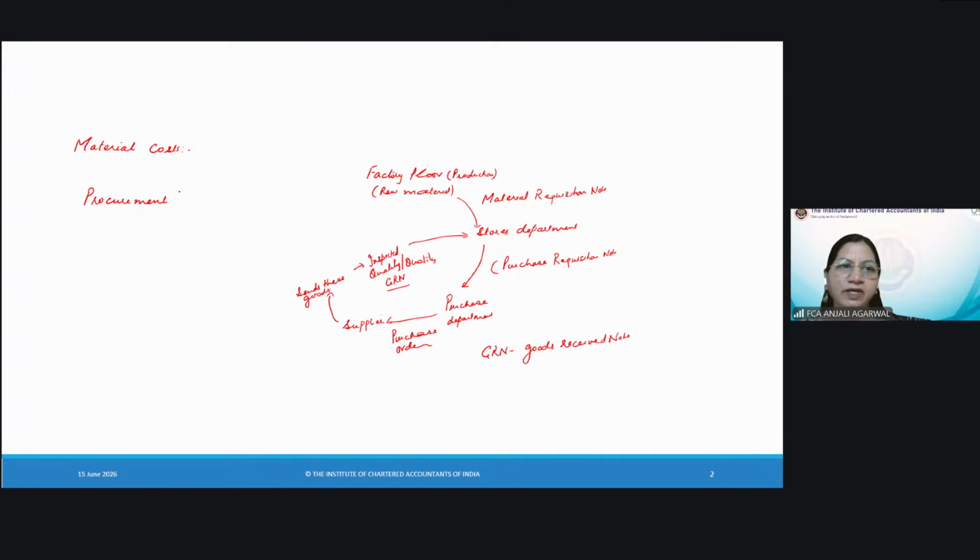So one has to be very careful in material control that procurement has to be done in a proper manner. That means we'll talk about how many units should be ordered. Most important concept, economic order quantity. And secondly, when the raw materials should be ordered, when to order.